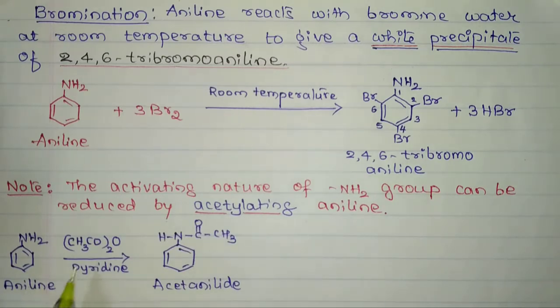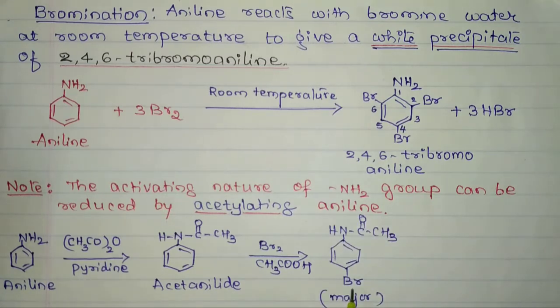Aniline, when treated with acetic anhydride in the presence of pyridine as a catalyst, gives acetanilide, which is then treated with bromine in CH3COOH, and gives para-bromoacetanilide as a major product.